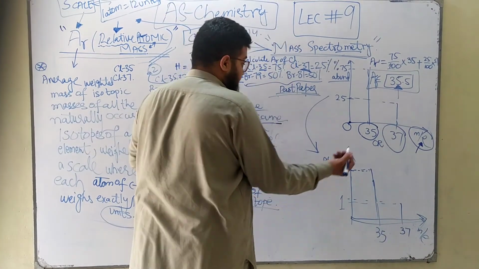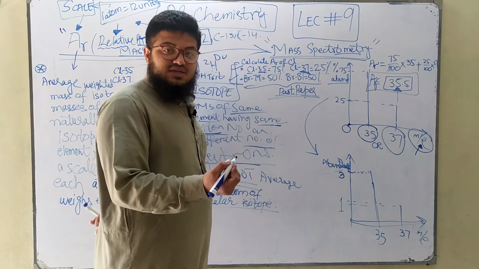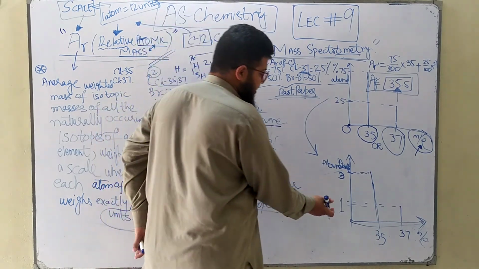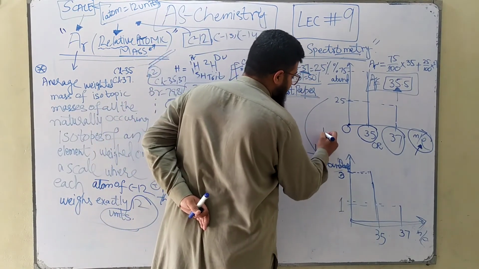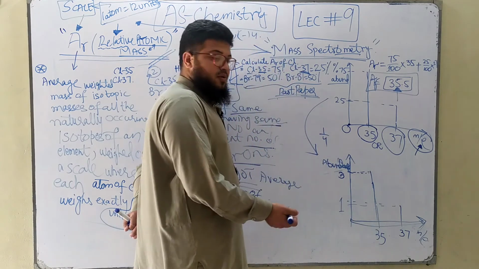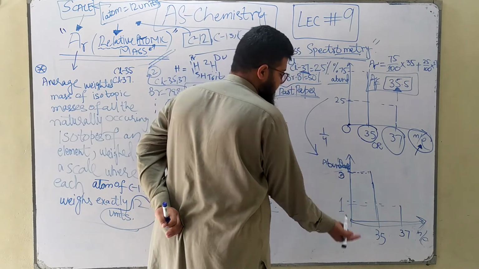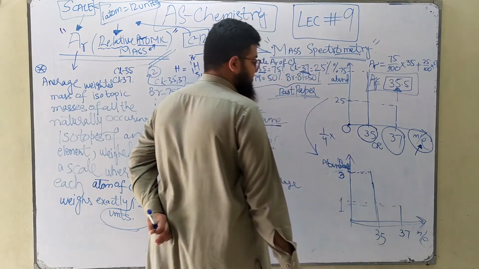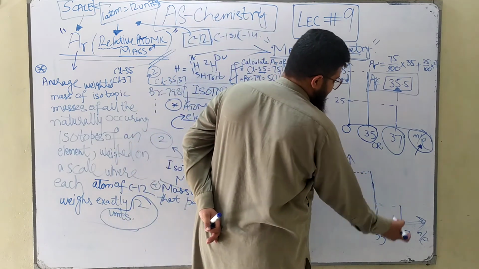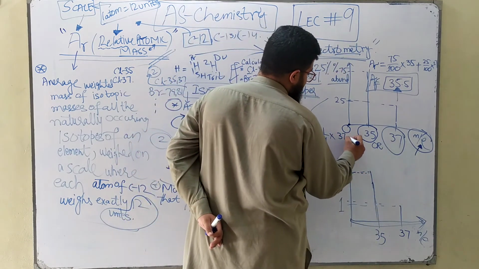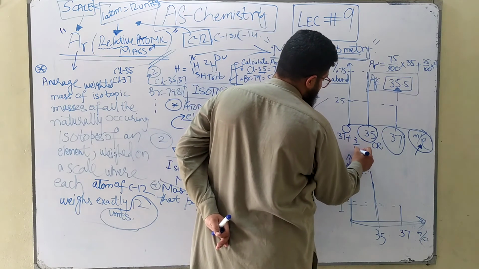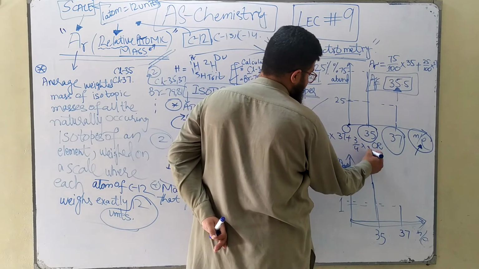How? Well, you're going to just use the fractions. Over here, the fraction for 1 is going to be 1 out of 4, because the total, 3 plus 1, is 4, right? So 1 out of 4 multiplied by 37, and you add it to 3 out of 4 multiplied by 35.